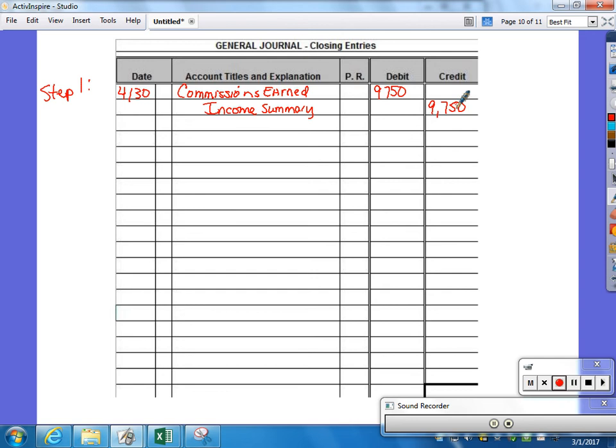What's step 2? Close what to what? Expenses to income summary. So we're going to do what to income summary? Debit or credit it? Debit income summary and credit all the expenses, right?